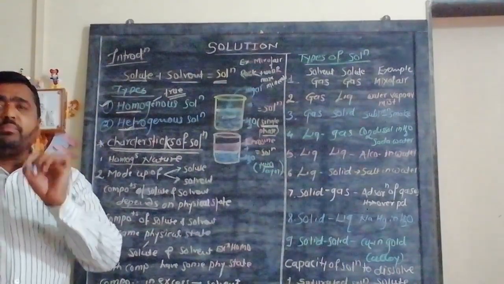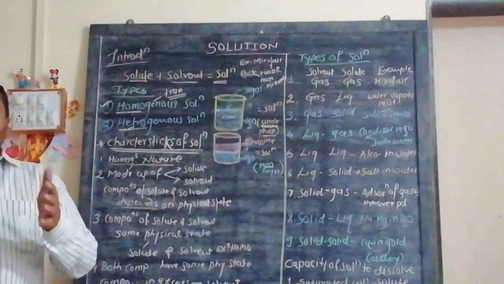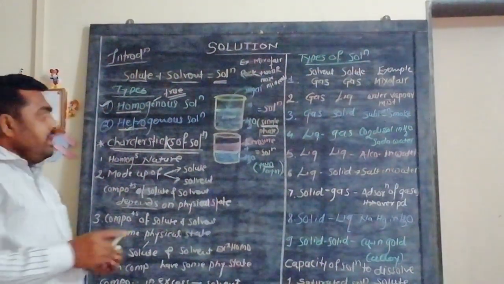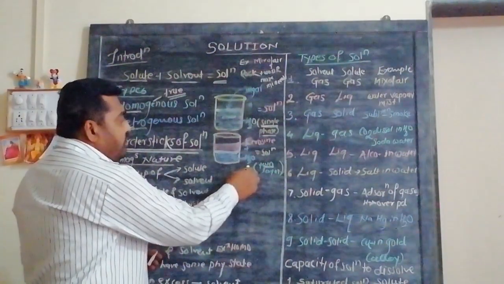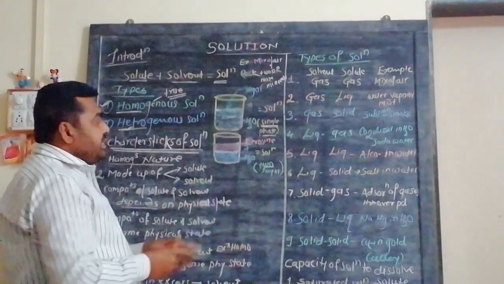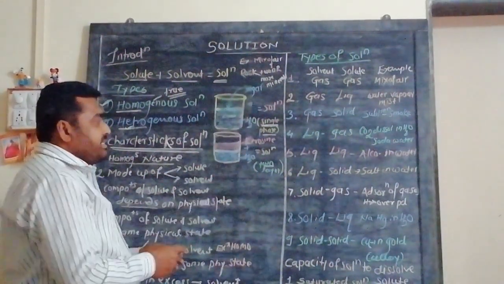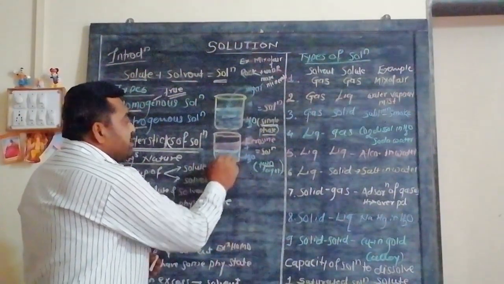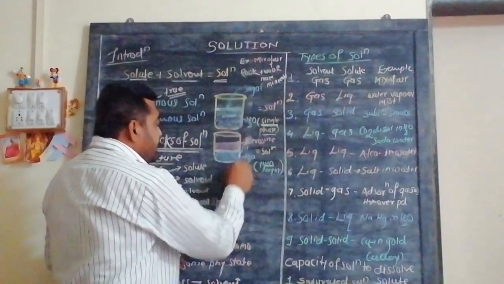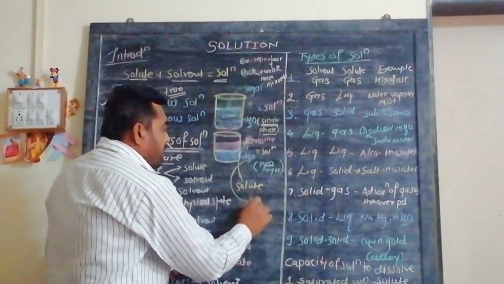The solute is present in the minimum quantity in the solution, and the solvent is present in the maximum quantity. Example, kerosene and water. Kerosene is present in the lesser quantity, so it acts as the solute, and water is present in excess, so it is the solvent. Kerosene is the solute and water is the solvent.